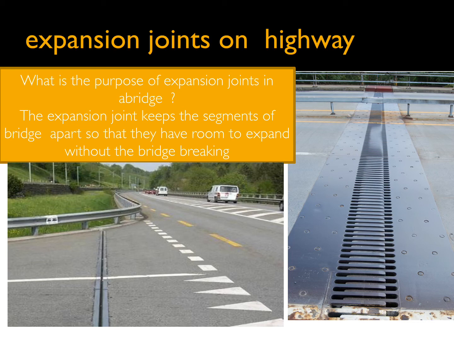And this is the answer to the self-check question. The self-check question says, what is the purpose of an expansion joint in a bridge? The expansion joint keeps the segments of the bridge apart so that they have room to expand without the bridge breaking.